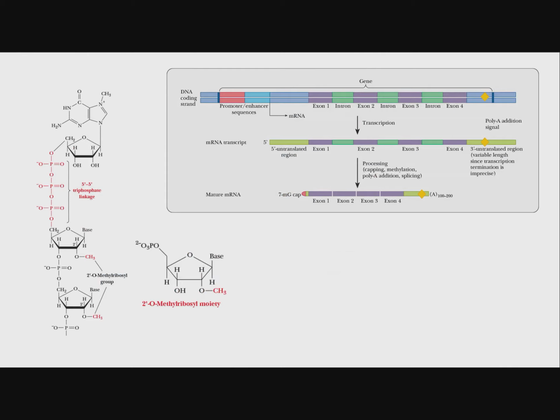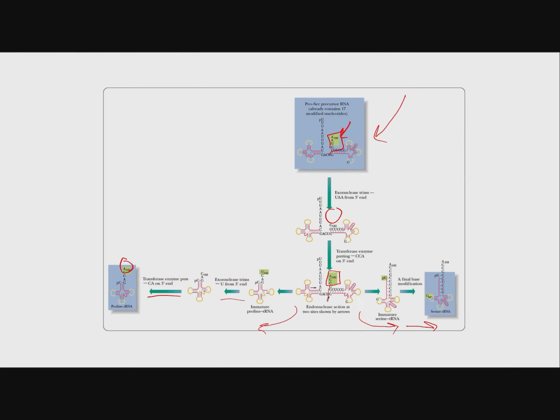Just touching up on this one more time. The precursor of several tRNAs is often transcribed as one big long polynucleotide sequence. And then after trimming and base modification take place, they can become mature tRNAs.